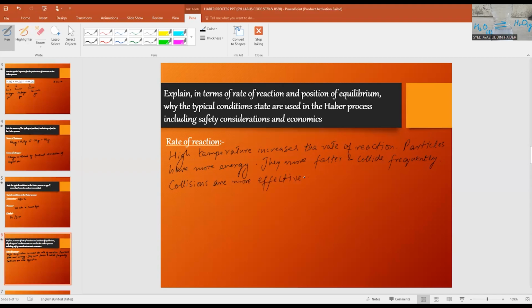Change in pressure also has an effect on the rate of reaction because there are gases on both sides of the reaction. High pressure decreases the total volume occupied by the gas particles.